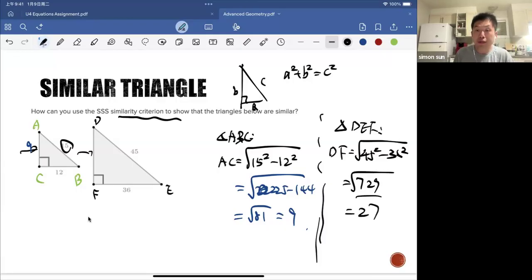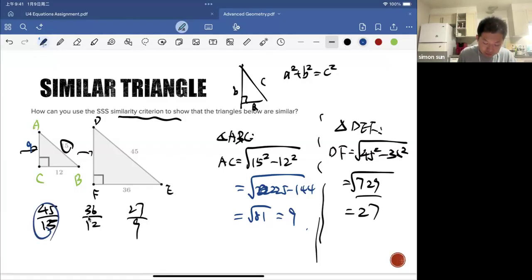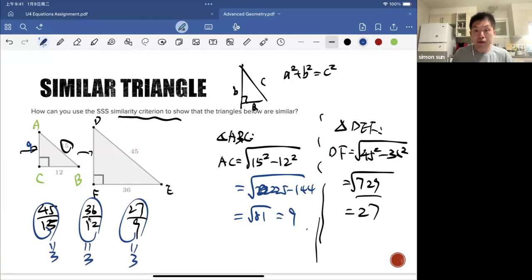It's equal to 27. Now let's do the side ratios: 45 over 15, 36 over 12, 27 over 9. The ratio is 3, right? So we actually prove it's still similar.